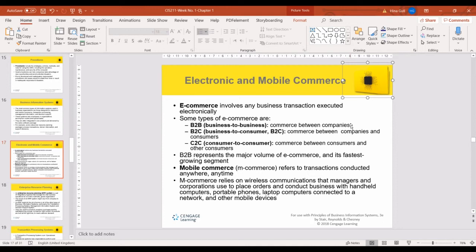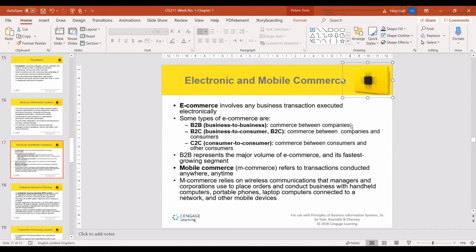E-commerce, electronic. Like Noon, where you are purchasing something from Noon. Okay, so you guys do online shopping, of course. This is called B2C, commerce between companies and consumers.